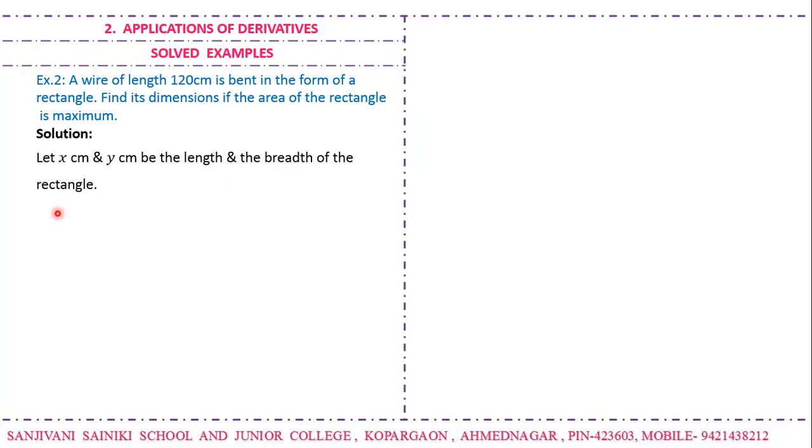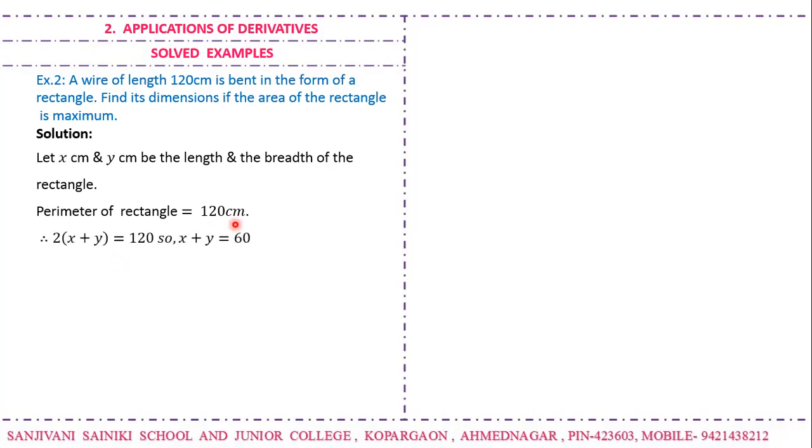Then the perimeter of the rectangle is 120 centimeter, because we have formed the rectangle from a wire whose length is 120 centimeter.